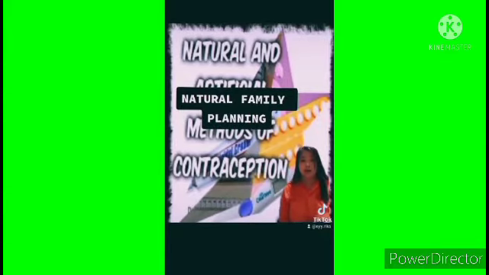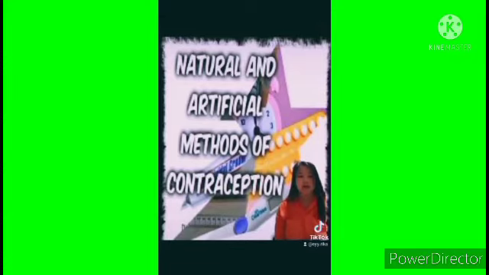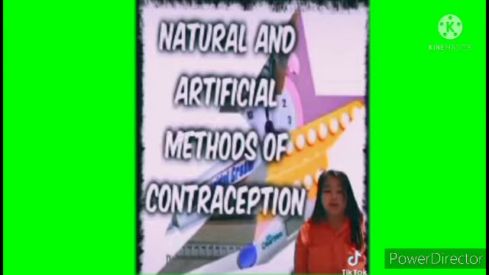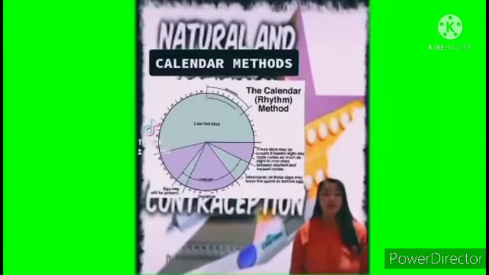Natural family planning does not include any chemical or any foreign body introduction into the human body. Abstinence. The most natural method involves abstaining from sexual intercourse and is the most effective natural birth control, with ideally a 0% failure rate. There are also the rhythm methods.